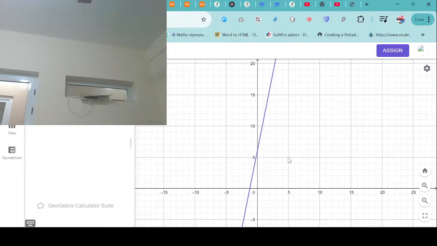10 and 4. 10 times 4, that's 40, right? And 10 minus 4 is 6. So let's try 10 and 4. Definitely should work out. So which one is going to be minus? Is it this or this? If the 10 is minus, then it's going to be minus 10 plus 4.